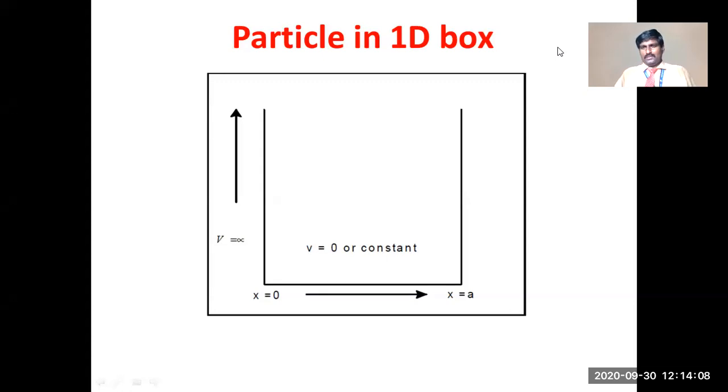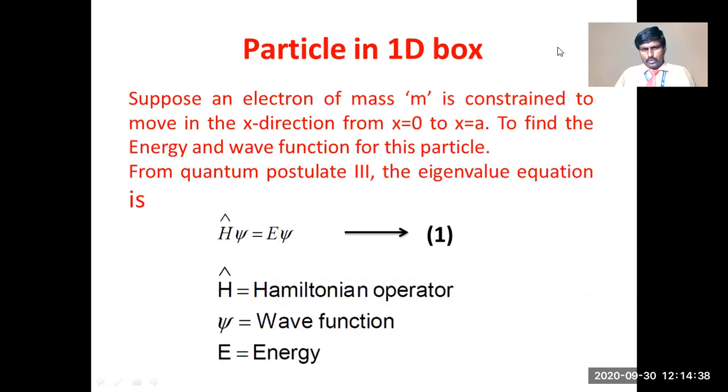Because outside the box we cannot go for kinetic energy, as we are assuming certain conditions. The electron will not be there outside, there won't be any kinetic energy, and potential energy will be infinity. Those are the two or three conditions we are assuming, and we go for the Schrodinger wave equation solution.